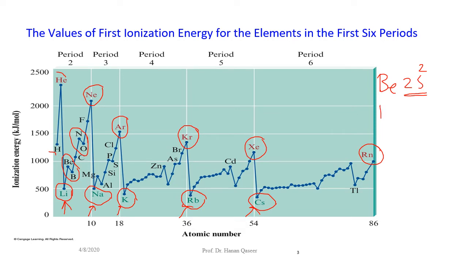But boron has 2s2 2p1, one more electron in the 2p orbital. So it is much easier to remove an electron from 2p than from 2s in the case of beryllium.